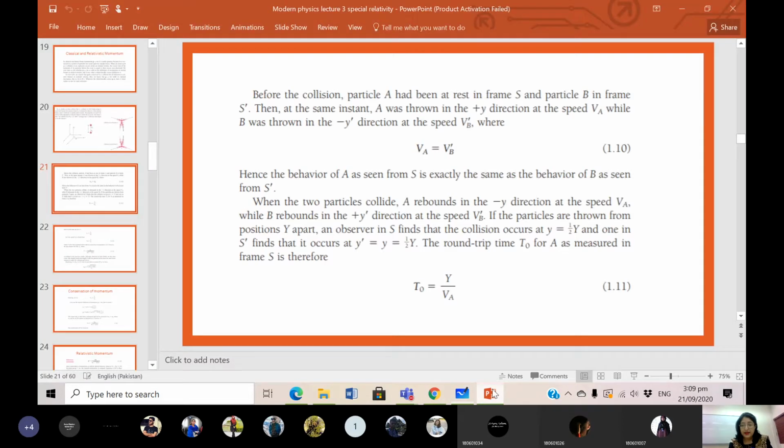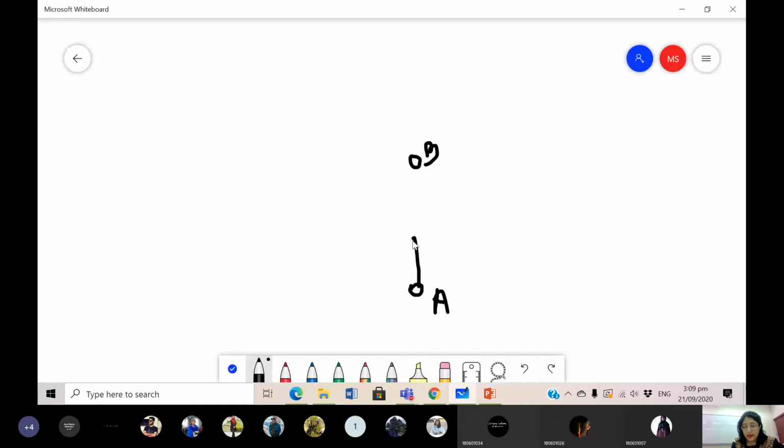And then what happened is that at the same instant, A is thrown upwards in the positive y direction with speed VA, while B is thrown in the minus y direction at the speed VB dash. So this is thrown upwards, this is the positive y direction, okay?